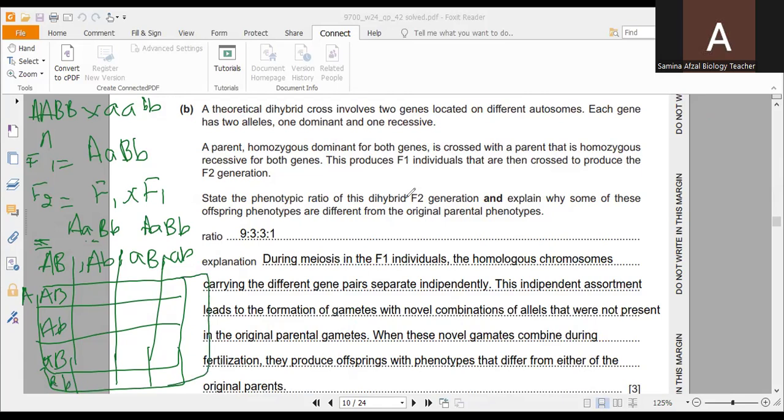In this way, you can have 16 combinations: 1, 2, 3, 4, 5, 6, 7, 8, 9, 10, 11, 12, 13, 14, 15, 16. And the ratio among their results will be 9:3:3:1. Nine offsprings will show both dominant phenotypes, that is, the phenotype of the parents.